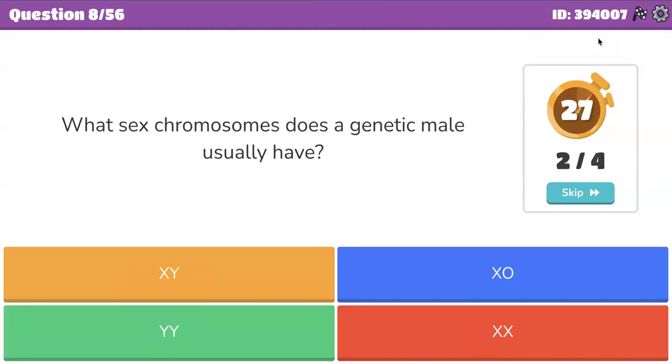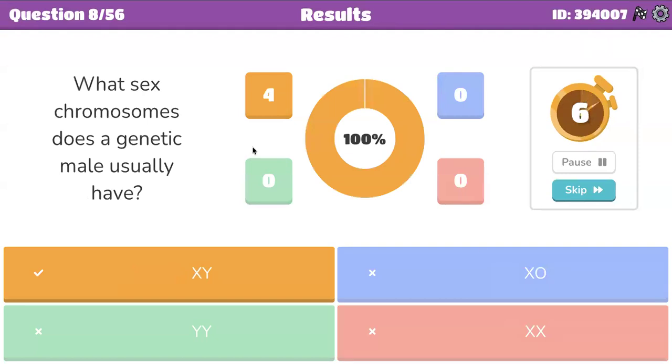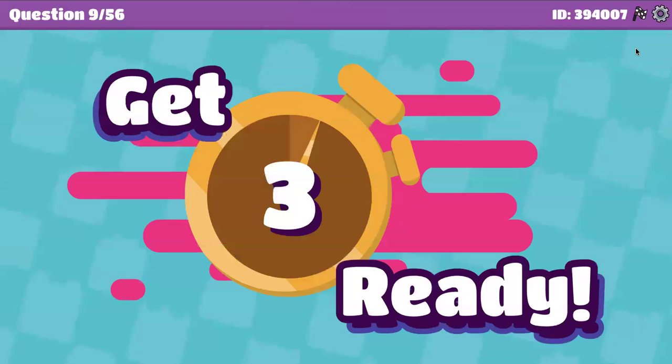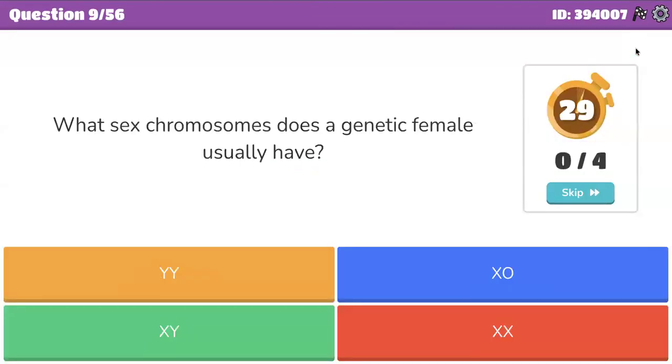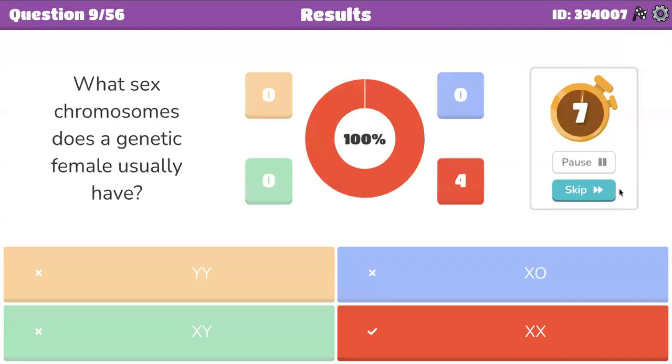What sex chromosomes does a genetic male usually have? XY. What sex chromosomes does a genetic female usually have? XX.